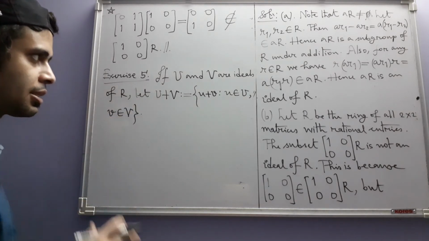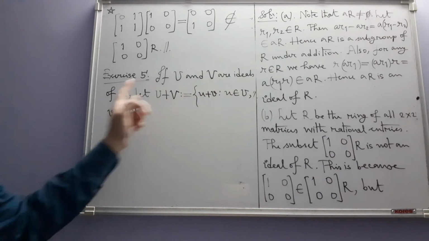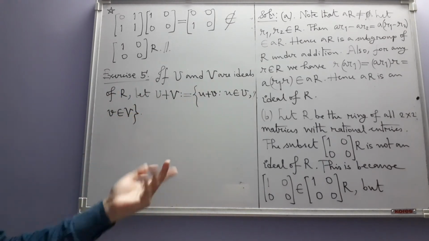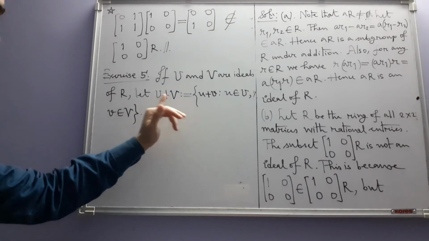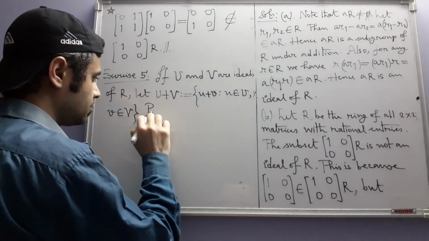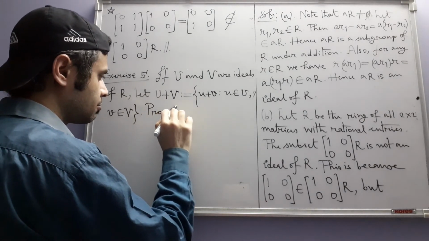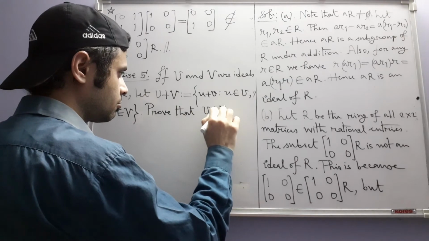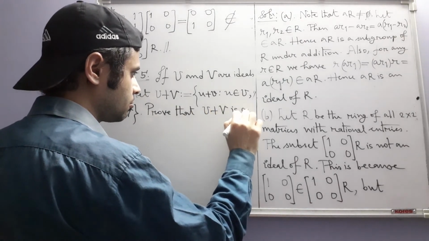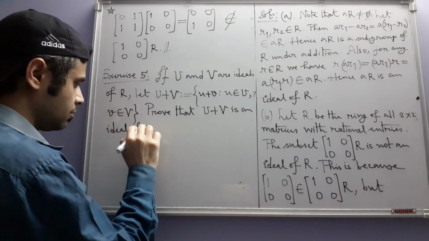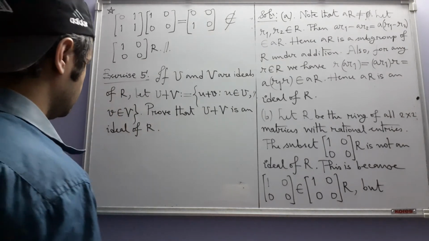That is the sum of all elements of U and all elements of V. Such sums have been collected, and that collection is called U plus V. Prove that U plus V is an ideal of R. Okay.